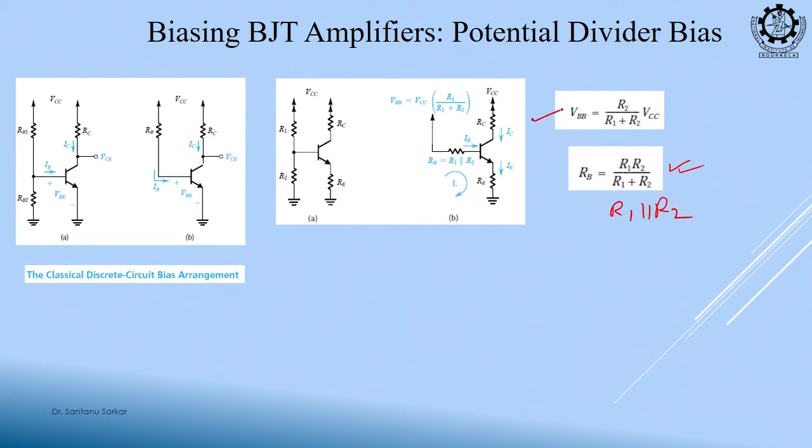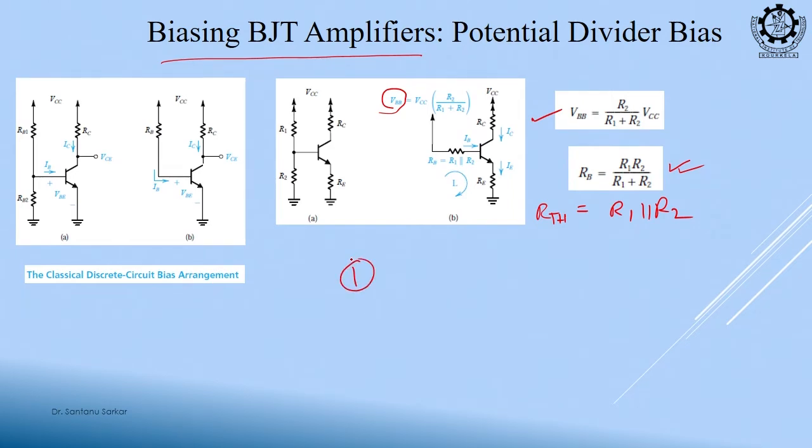This is V Thevenin, this is also R Thevenin, right. So, V Thevenin is equal to R2 by R1 plus R2 into this. So, this is a biasing technique, meaning we will design the circuit in such a way that this voltage is arrived. Okay, this is one technique.